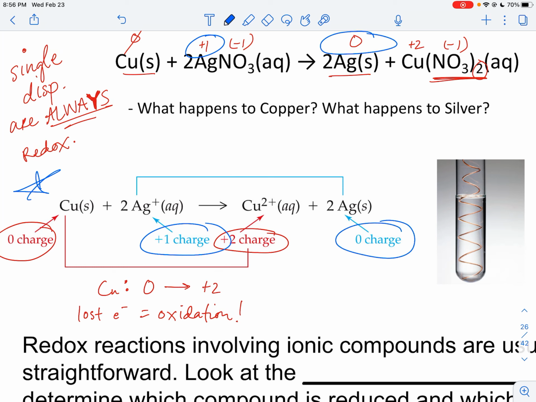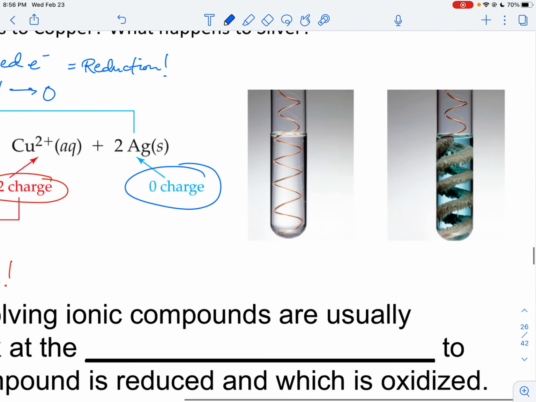So going from +1 to 0, our charge is decreasing, or reducing. We gained electrons, and this is reduction. It was reduced.